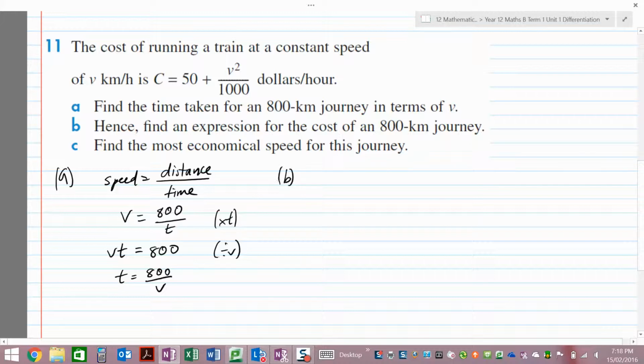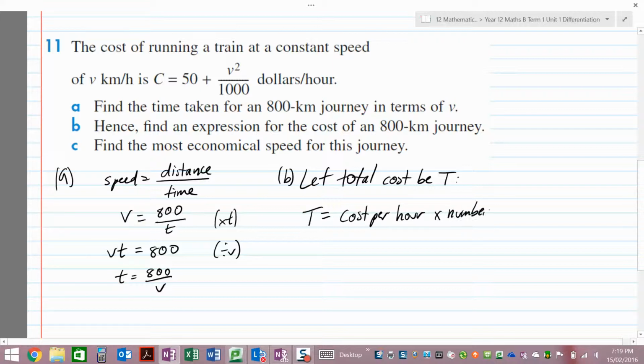Part B, hence find an expression for the cost of this journey. Okay, the total cost, again, I'll let total cost be capital T. The total cost is the cost per hour times the number of hours, or the time.